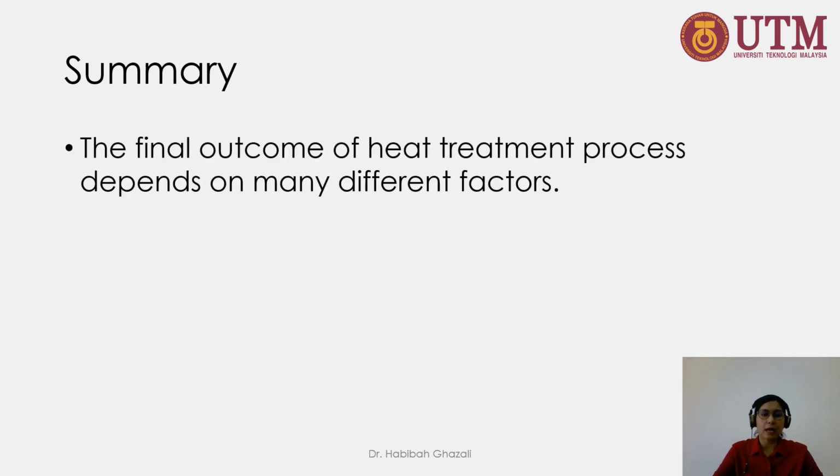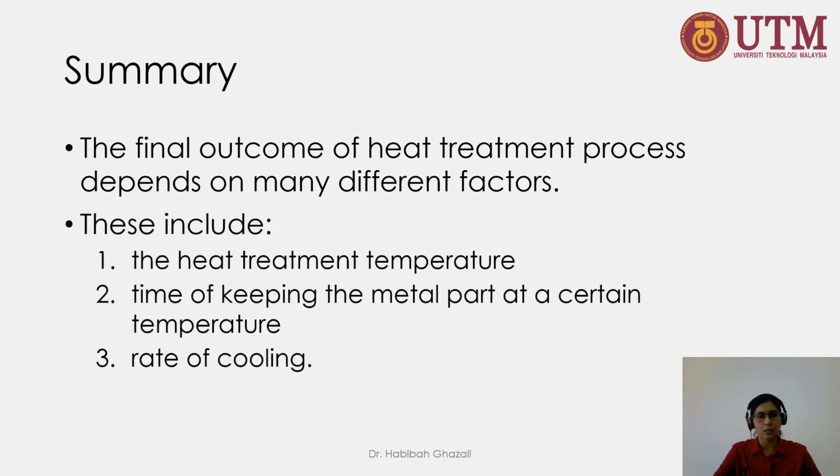The final outcome of the heat treatment process depends on many different factors, which include the heat treatment temperature, the time of keeping the metal parts at a certain temperature, and the rate of cooling. All of this will affect the final microstructure after the heat treatment.